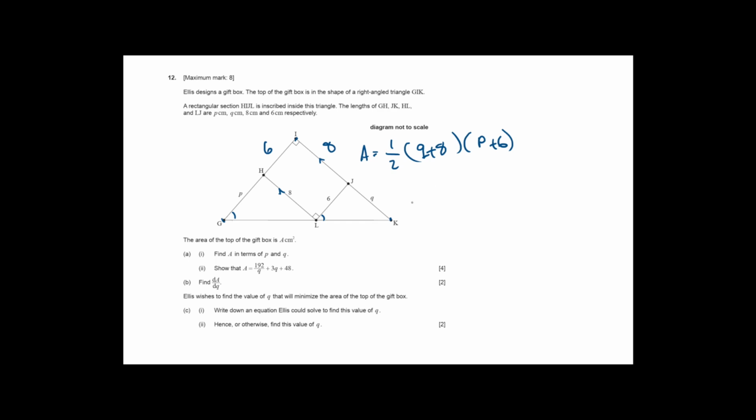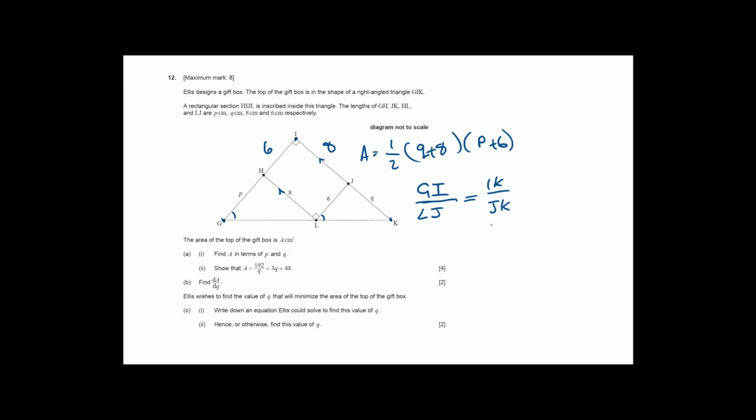Okay, so that tells us that this GI over LJ must be equal to this side here over the side here, so it's got to be equal to IK over JK.